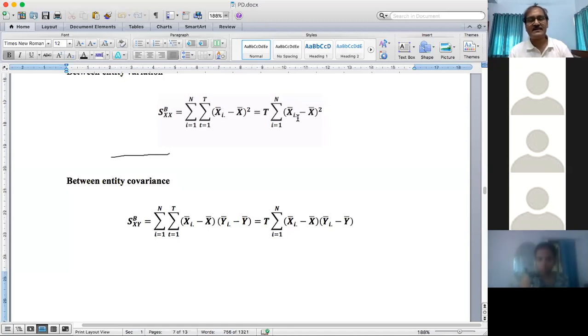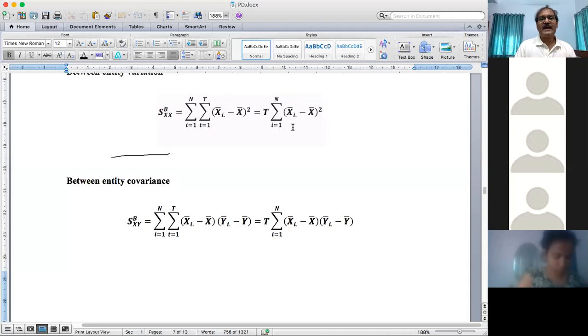That is, it is the same for all time periods. That's why we multiply this expression by T to consider the sum over time.